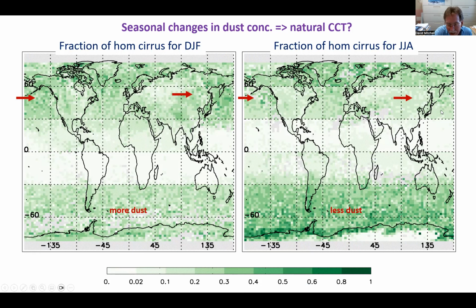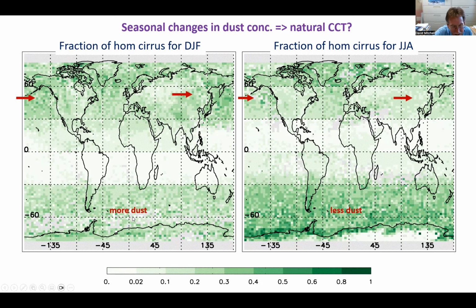So there's a climate intervention idea called cirrus cloud thinning, or CCT. And this seems to be a natural analog to that. We don't have all the details on the actual dust here, but based on those previous studies by Froyd et al. and Koch et al., it does seem like something like that might be occurring.